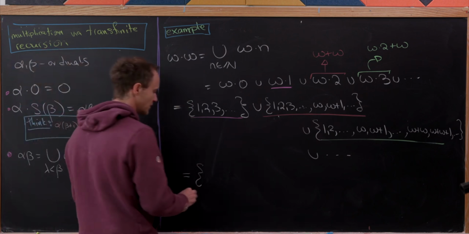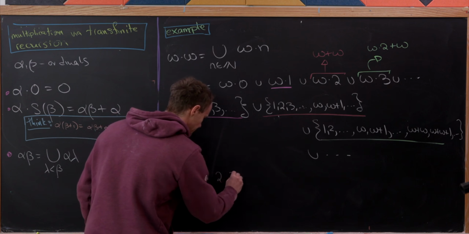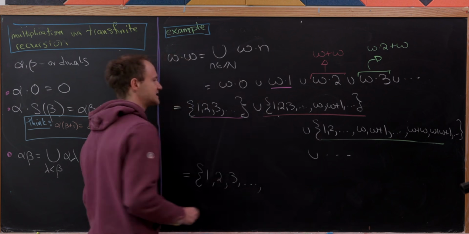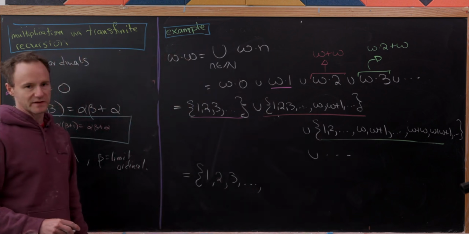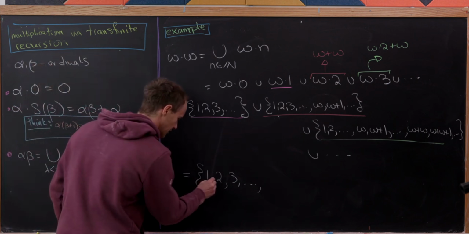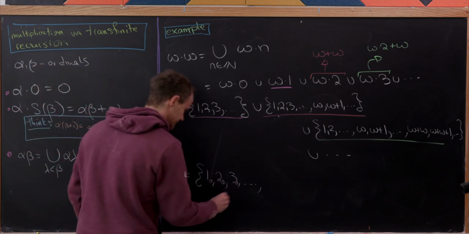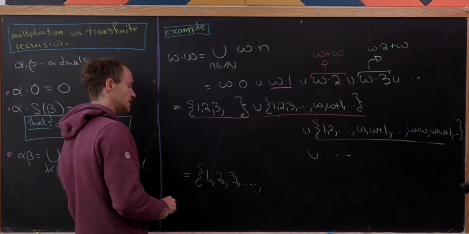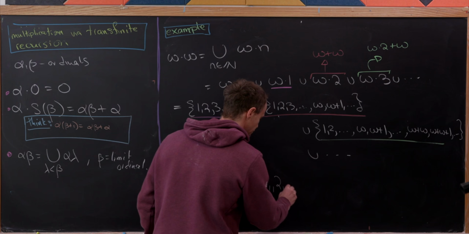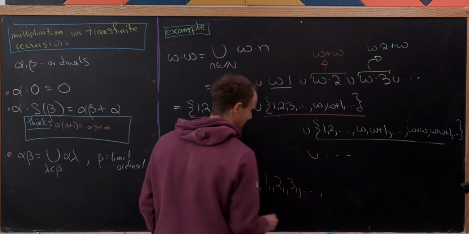So let's maybe write the normal natural numbers, 1, 2, 3, so on and so forth. But then instead of writing omega, omega plus 1, let's maybe subscript these a little bit. So this would be our 0th copy of natural numbers. So 1 sub 0, 2 sub 0, 3 sub 0, so on and so forth. Then we have 1 sub 1, 2 sub 1, 3 sub 1, that continues.